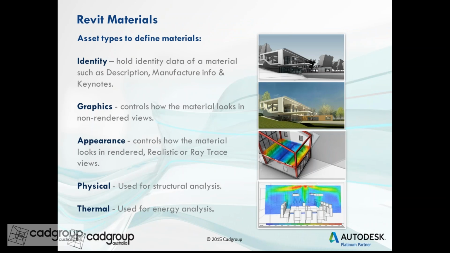This is nothing much new. Most of you know about Revit materials, but I'm just going to give a brief idea of what the asset types are for defining materials.